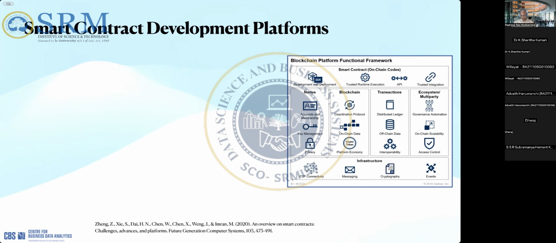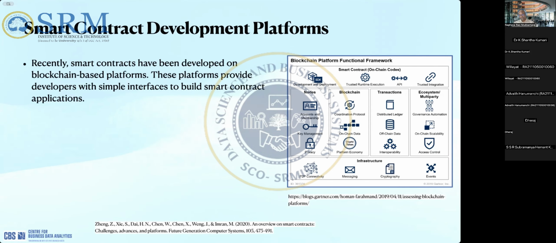So basically, as we also discussed previously, you develop the smart contracts and deploy them on a blockchain. And the underlying blockchain has several components that will guarantee the immutability and other things.